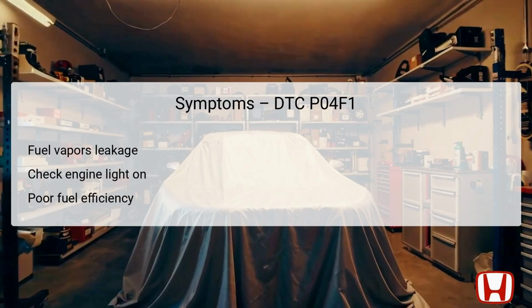Additionally, there may be noticeable fuel vapors escaping from the vehicle, particularly during refueling or when the engine is off. Another potential symptom is poor fuel efficiency, as the vehicle may struggle to maintain optimal performance due to the EVAP system malfunction. Awareness of these symptoms can aid in early detection, allowing for timely repairs that can keep the vehicle running efficiently.